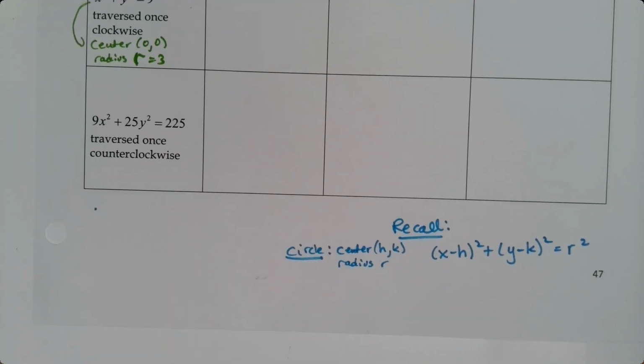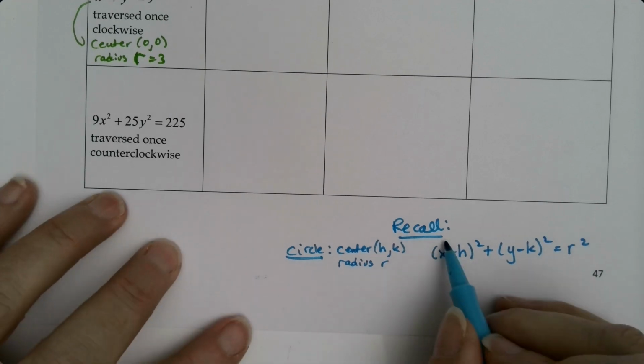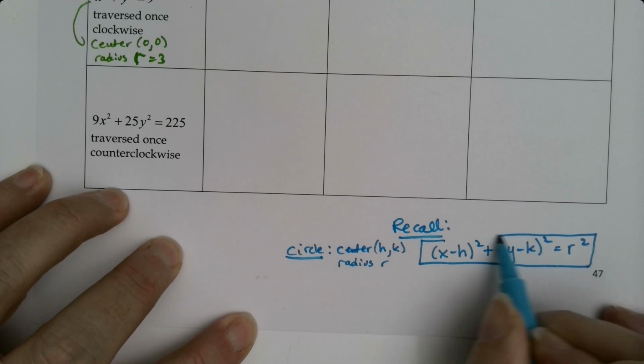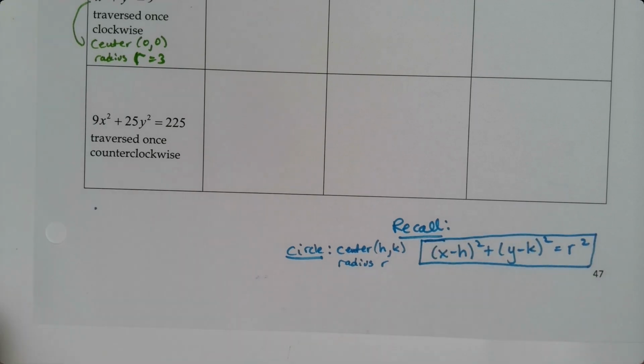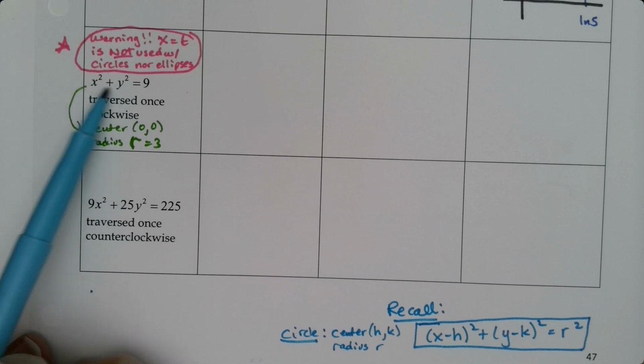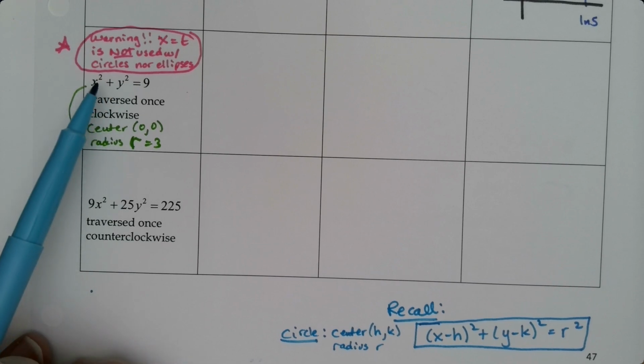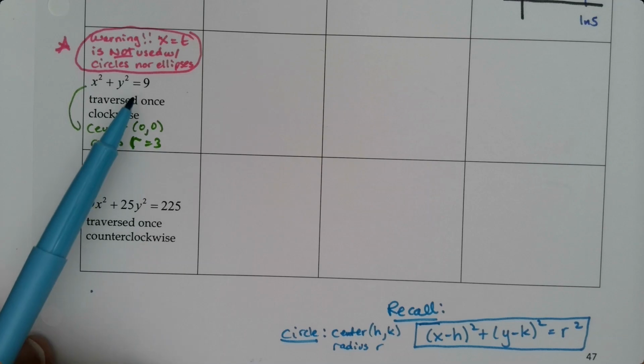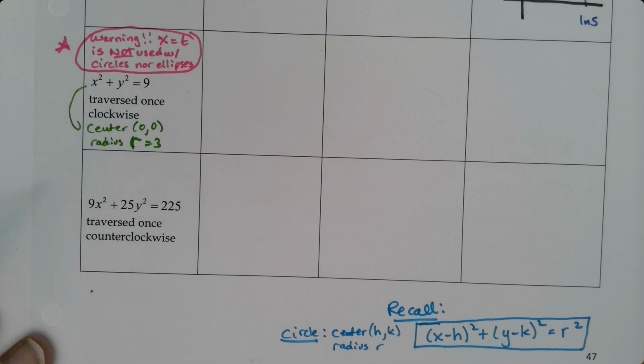You should have learned that somewhere along the way in algebra class, in geometry class, in algebra 2, pre-calculus, right? That is the standard form for a circle. So that's how I know when I look at this. I can see there's nothing with those x's and y's, so I know that the center is (0, 0), and I can tell that r squared is 9, therefore r is 3.